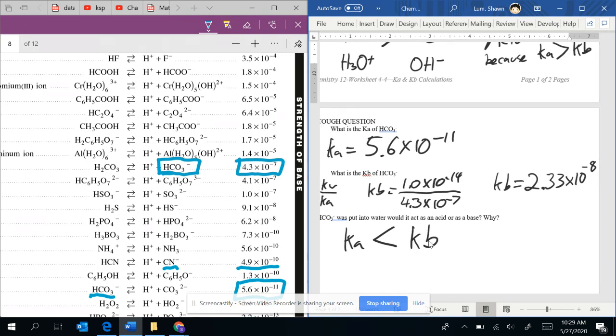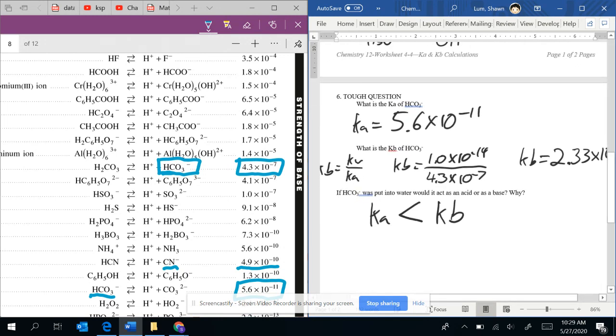Okay, so since the Kb is bigger, that means when you put this in water, it will want to absorb protons or take in protons from the water, leaving behind a whole bunch of OH minus. So it will make more OH minus than H3O plus. And so therefore, this will be a base.